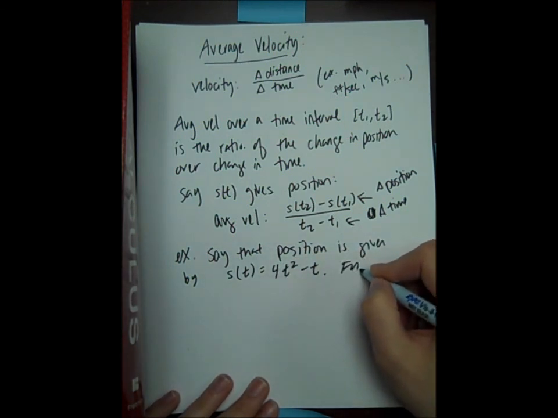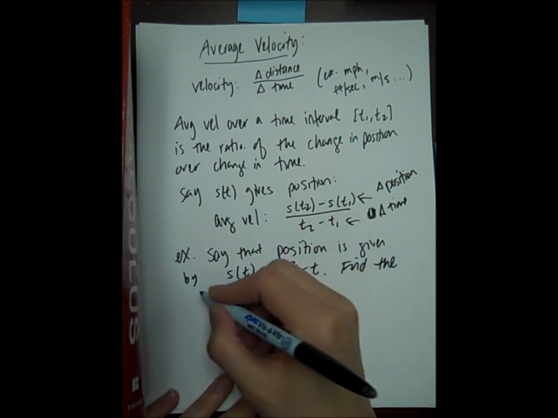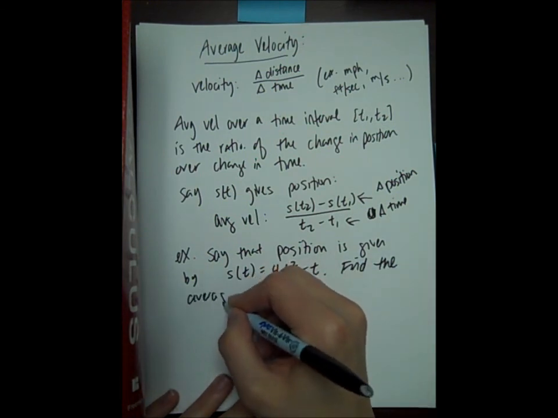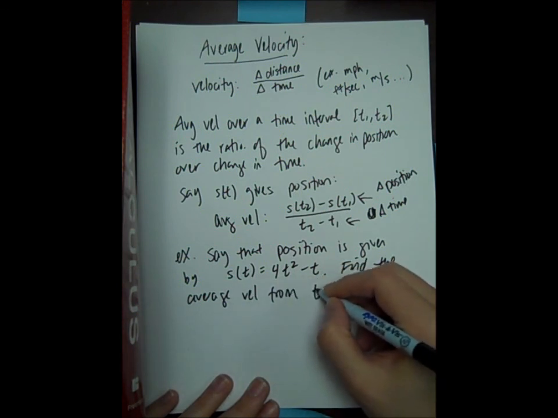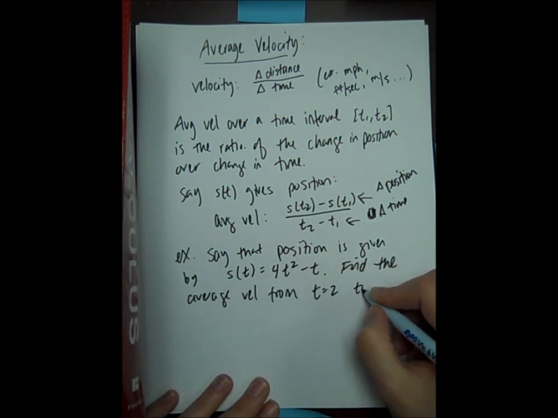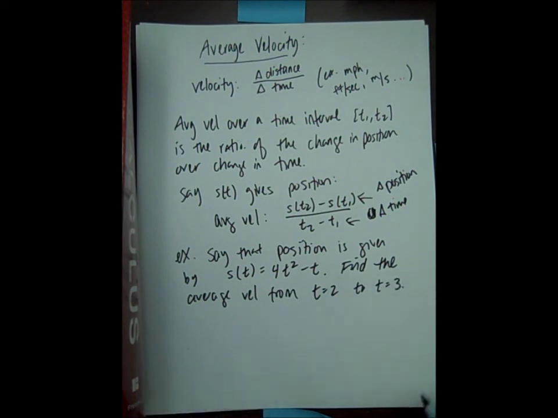Let's find the average velocity from t equals 2 to t equals 3. So I want the average velocity from t equals 2 to t equals 3.